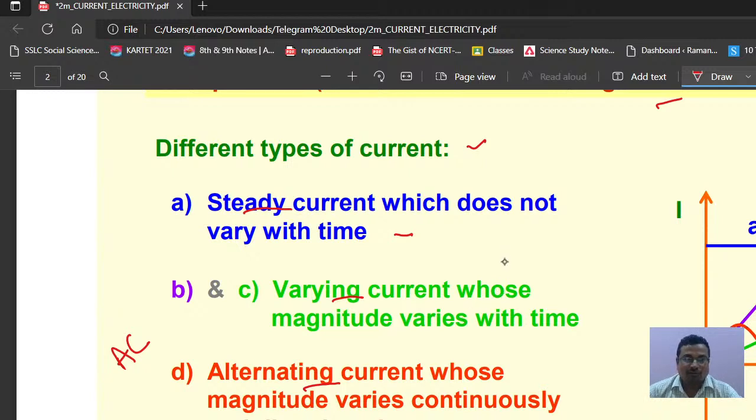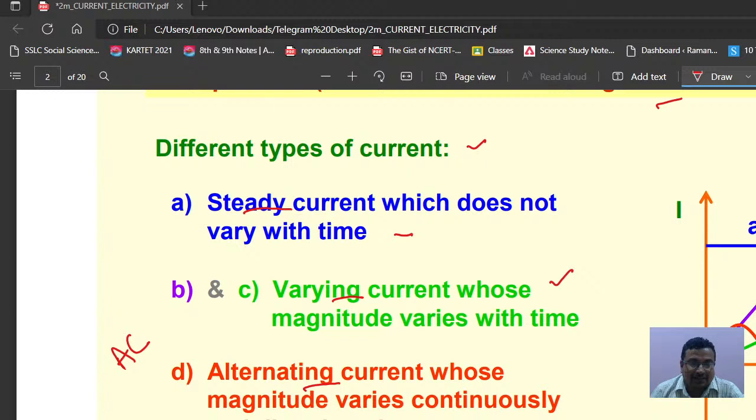The second is varying current, whose magnitude varies with time. So here the current varies with time. And the last one is alternating current. Alternating current is one whose magnitude changes continuously and whose direction is changed periodically.